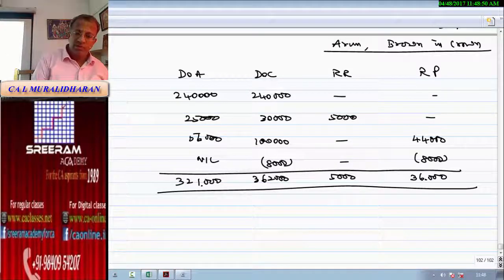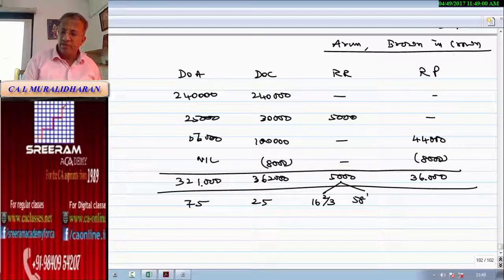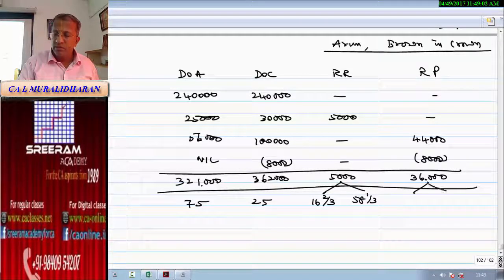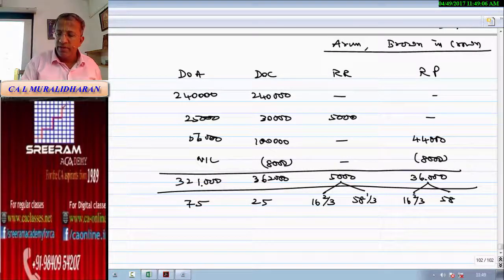Correct? Percentage of holding 75, 25, 16 and 2 by 3, 58 and 1 by 3, 16 and 2 by 3, 58 and 1 by 3.